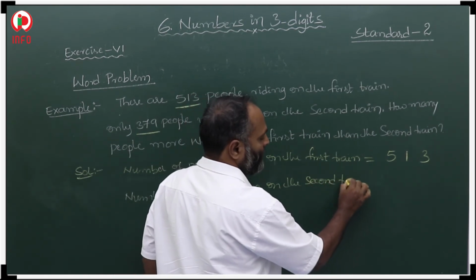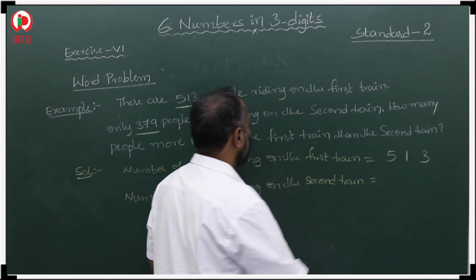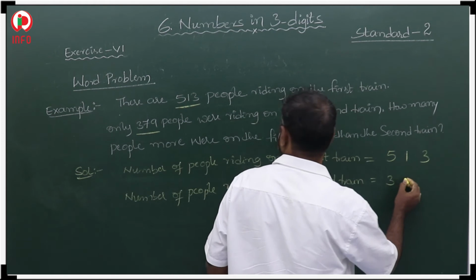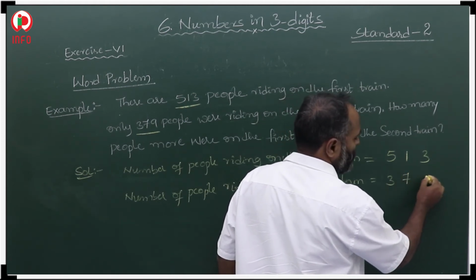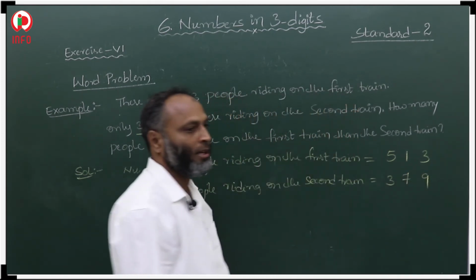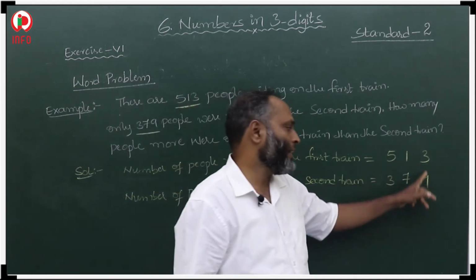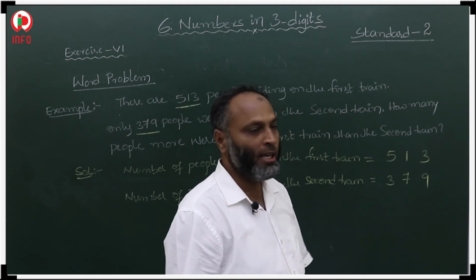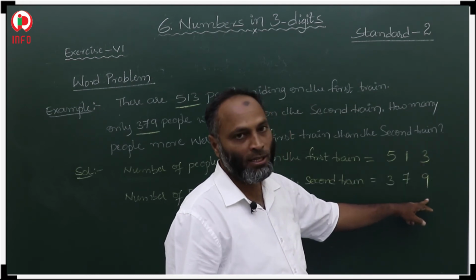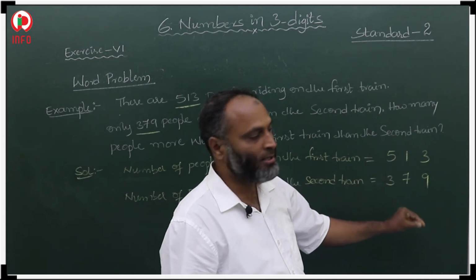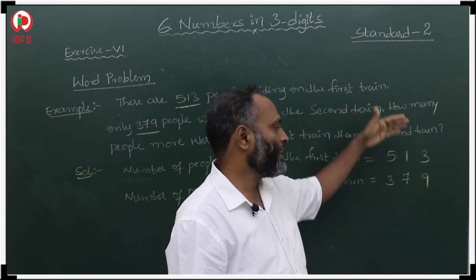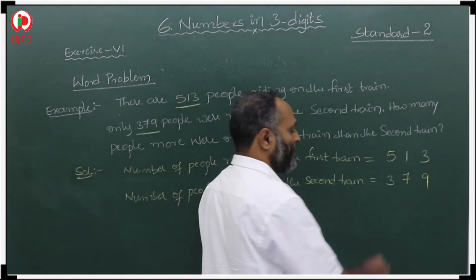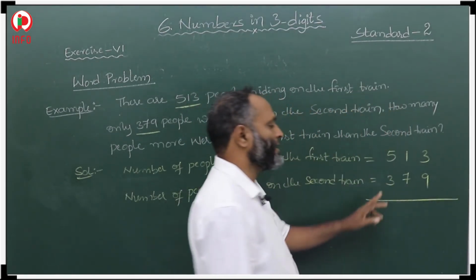How many people? 379. 3 in the hundreds place, 7 in the tens place, 9 in the ones place. So 9 we have to take in the ones place, 7 in the tens place and 3 in the hundreds place. Exactly like this, ones place below ones, tens below tens and hundreds below hundreds. Okay, don't write in a zigzag way.